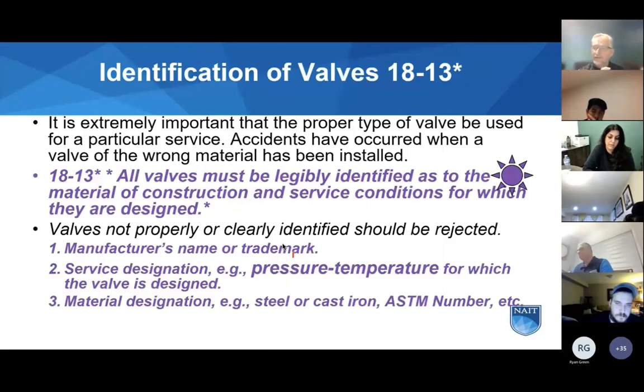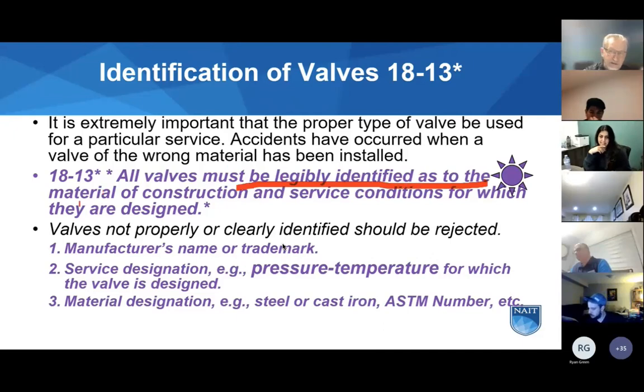Valves and fittings. We talked about this with fittings, and we're going to talk about this with valves. Valves are certainly fittings, and valves are regulated by the rules and regulations, so they must also be legibly identified.